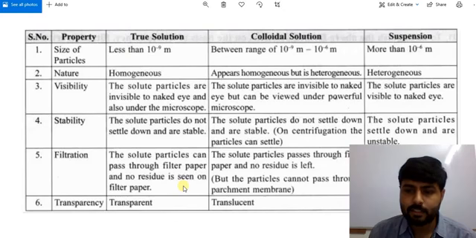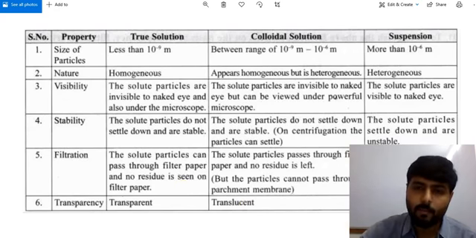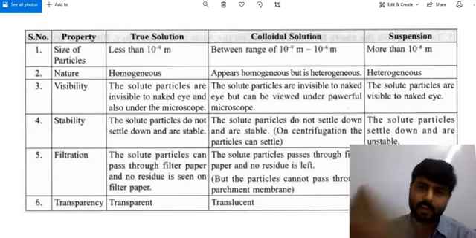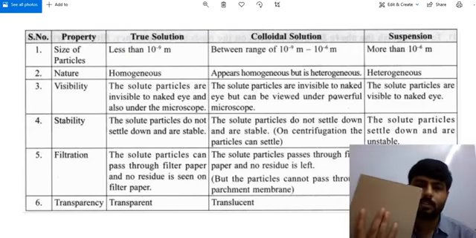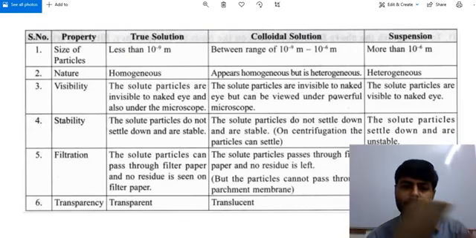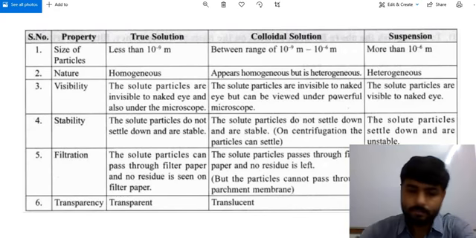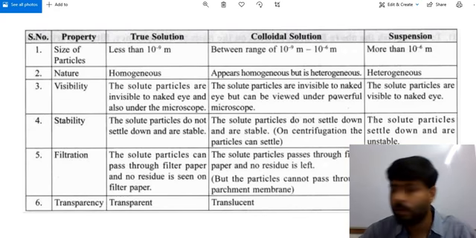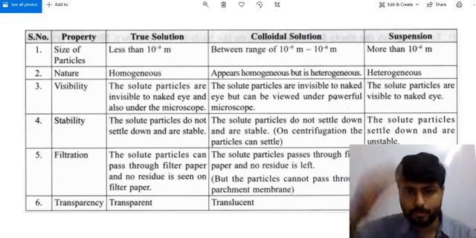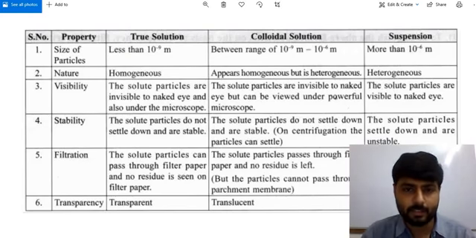After that, we have suspension, which is opaque, which means you cannot see through it. What do we call opaque? If we cannot see through it. If I have this cardboard sheet, I cannot see through the sheet, so this is opaque. Transparent, we all know: if we can see through the object, it is called transparent.